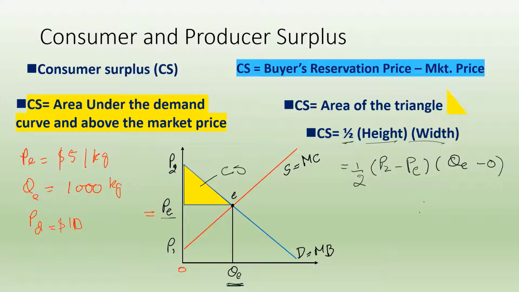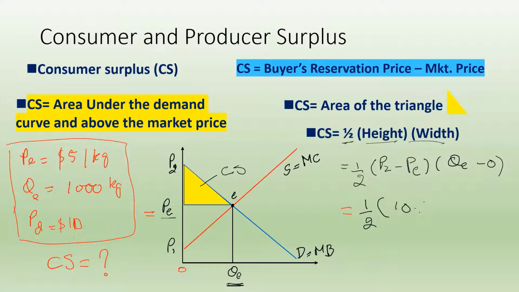Now just by substituting these values in the formula for consumer surplus, you have to calculate the consumer surplus. How will you calculate it? You just need to substitute the values. The height is P2, which is $10, minus the market or equilibrium price, which is 5.